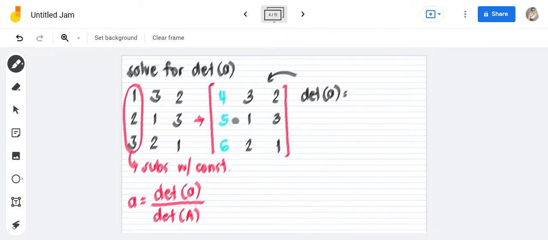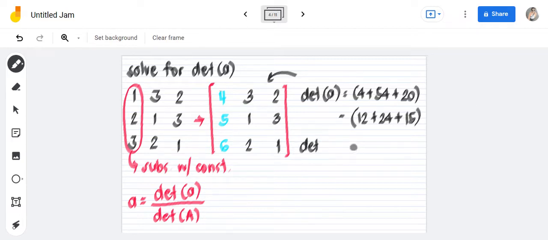Solving now for the determinant of this matrix, we have 4 times 1 times 1, that is 4, plus 3 times 3 times 6, that is 54, plus 2 times 5, that is 20. Minus, going upward, 6 times 1 times 2 is 12, 2 times 3 times 4 is 24, plus 1 times 3 times 5, that is 15.